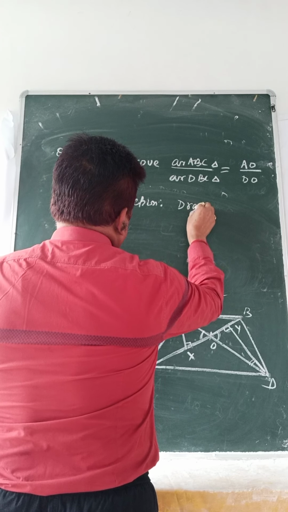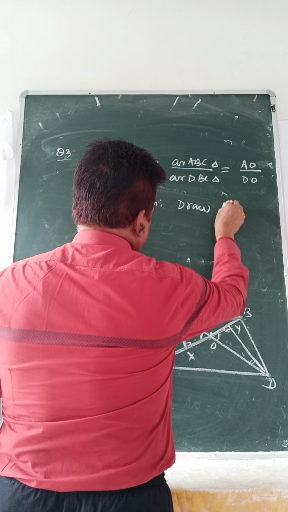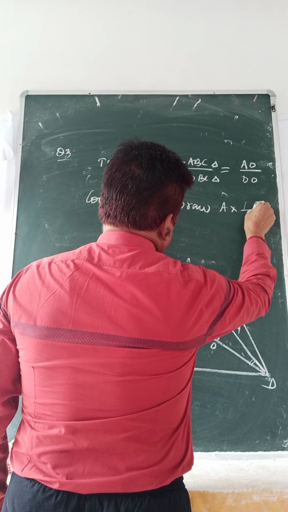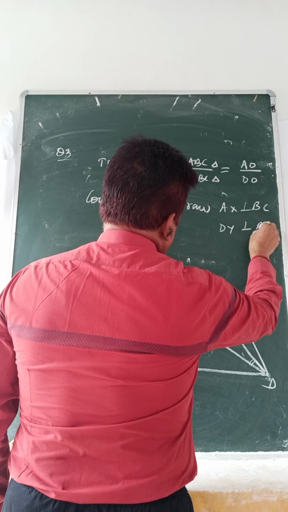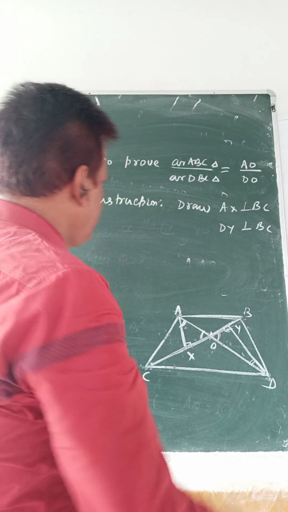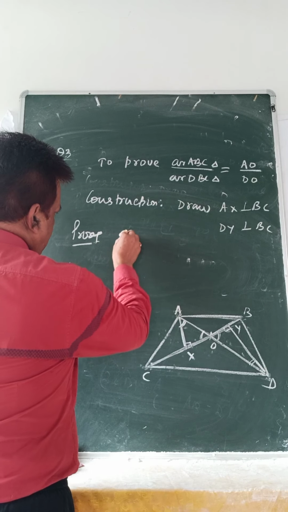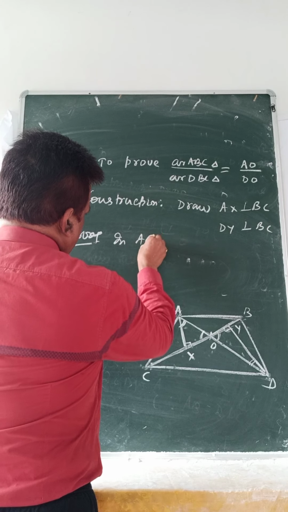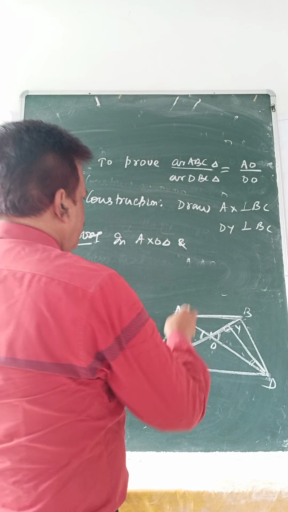Draw AX perpendicular to BC, DY also perpendicular to BC. These two perpendiculars I have drawn. So now you start the proof. In AXO triangle, DOY triangle.